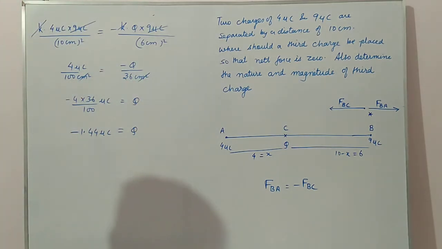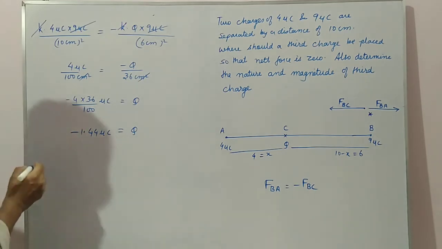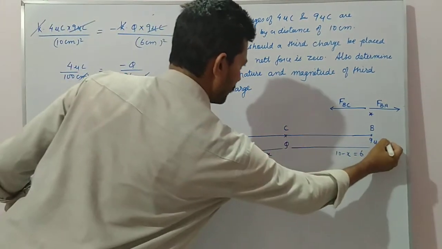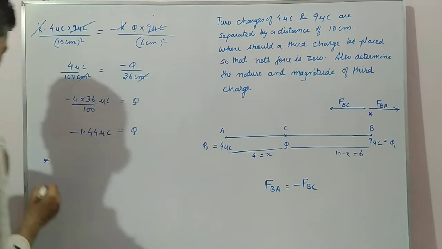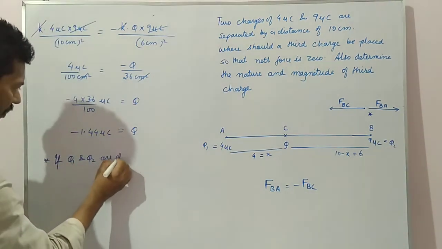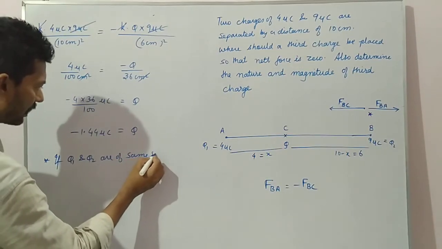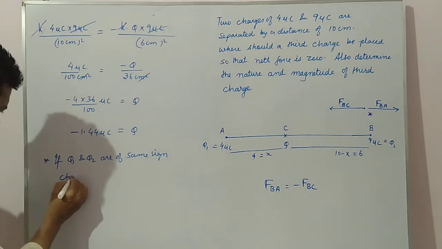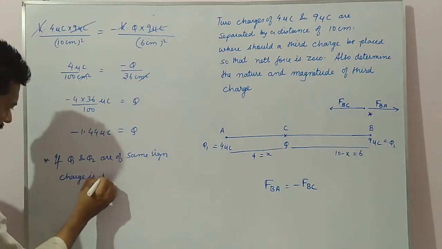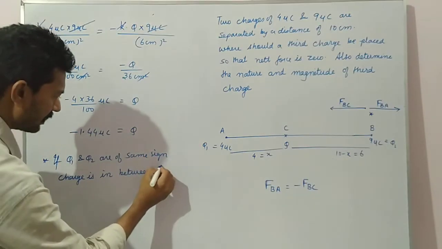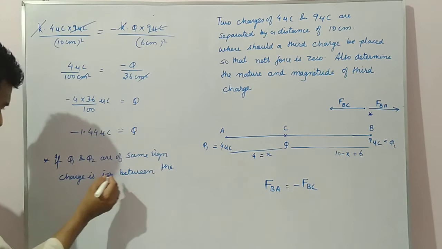Now remember one more important thing. Suppose we take this one as Q1 and this one as Q2. If Q1 and Q2 are of the same sign, the third charge is in between the two charges.